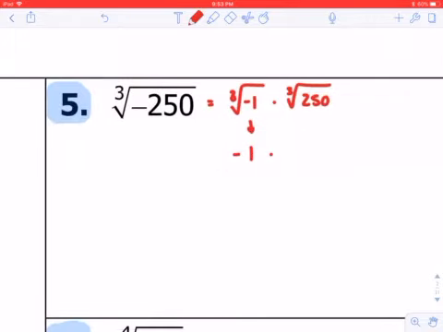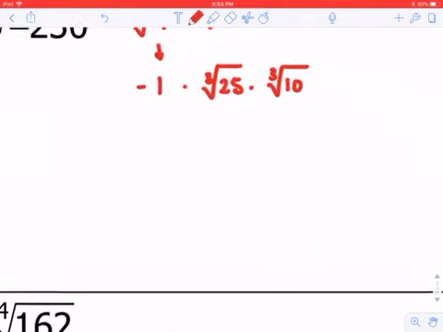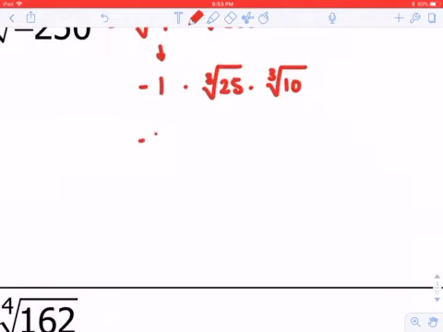I need to find a number that multiplies 3 times. Well, I know 250 is divisible by 25, so I'm going to break it up as the cube root of 25 times the cube root of 10. And I'm going to start breaking that down. So again, I already have that negative 1 pulled out. This is now the cube root of 5 times 5. And then 10 is 5 times 2.